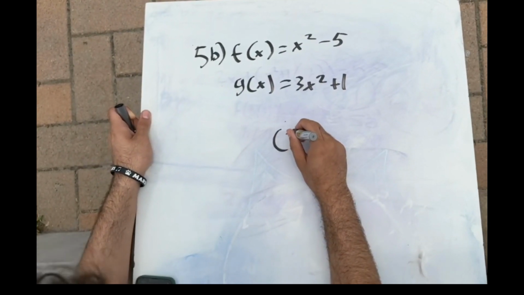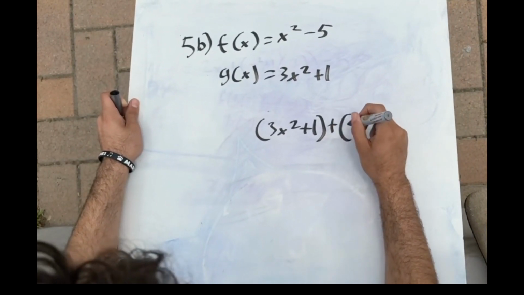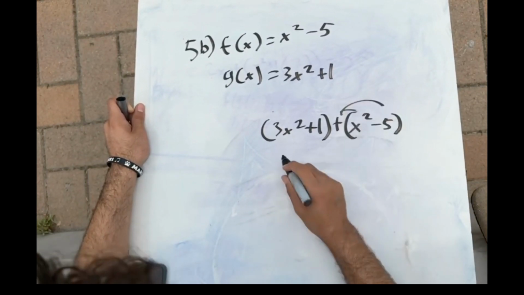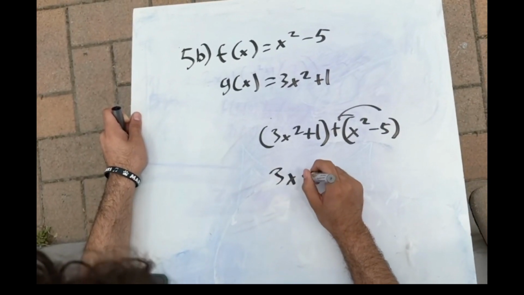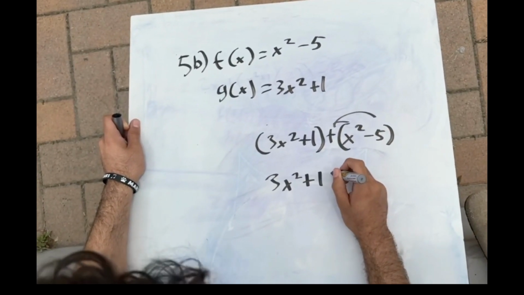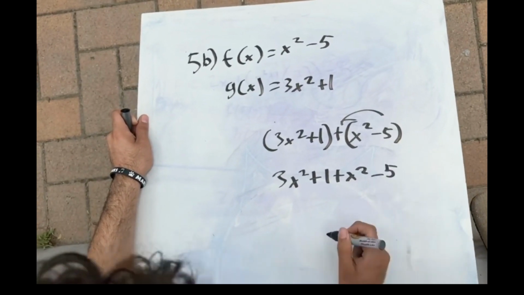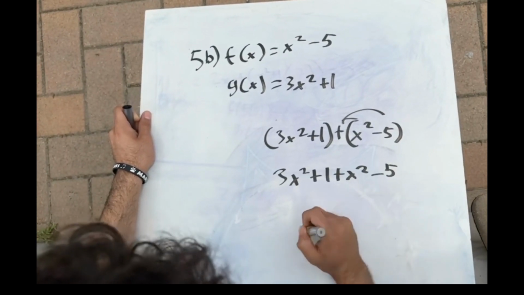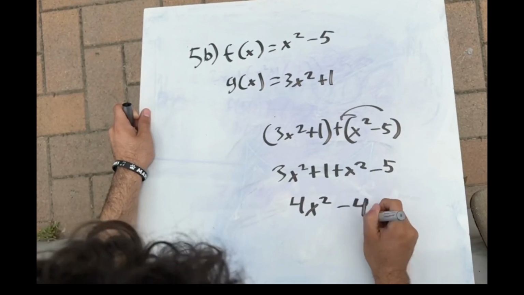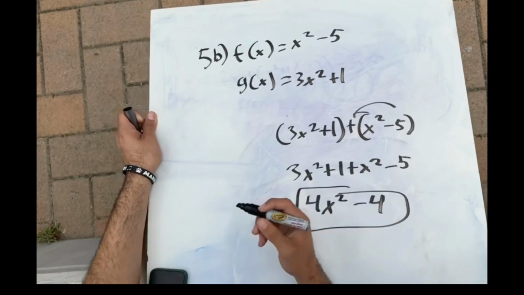As you can see right here, I started off with 3x squared plus 1, and then I added the little plus sign and added the f of x, and I distributed the plus sign inside the parentheses, and I just wrote it all out, so you can see there it's 5. And then I just simply combined like terms, and I got 4x squared minus 4, and that was our answer.